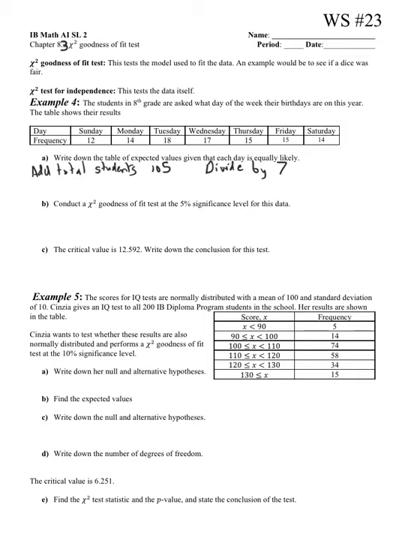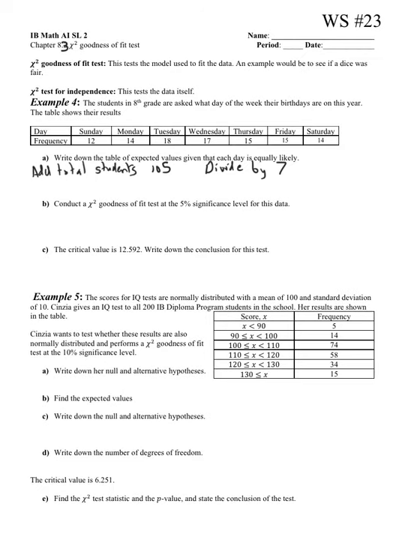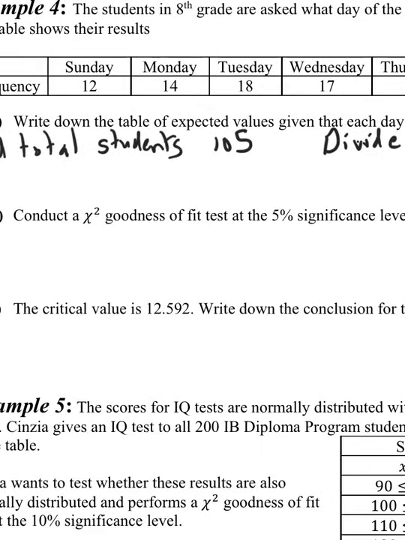So what this means then is if we have our day and our expected value, I did not give myself a lot of room here. We're going to zoom in. I'm going to do this the right way. So we have our day and our expected value.